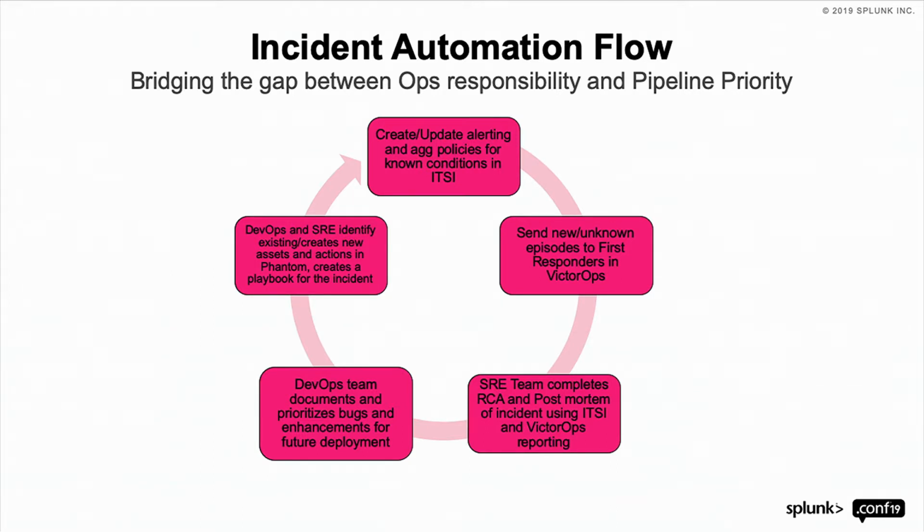That is then given to your DevOps team to document what the problem was, whether there needs to be a bug fix, whether there needs to be something significantly changed.